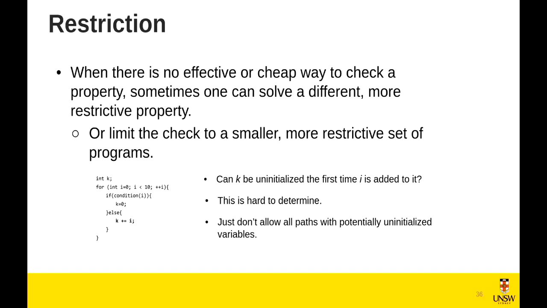And so the solution here is to add some restrictions. So we don't allow the compilation of code if there's a potentially uninitialized variable. So this is restricting the set of programs we are dealing with. So this is the principle of restriction.